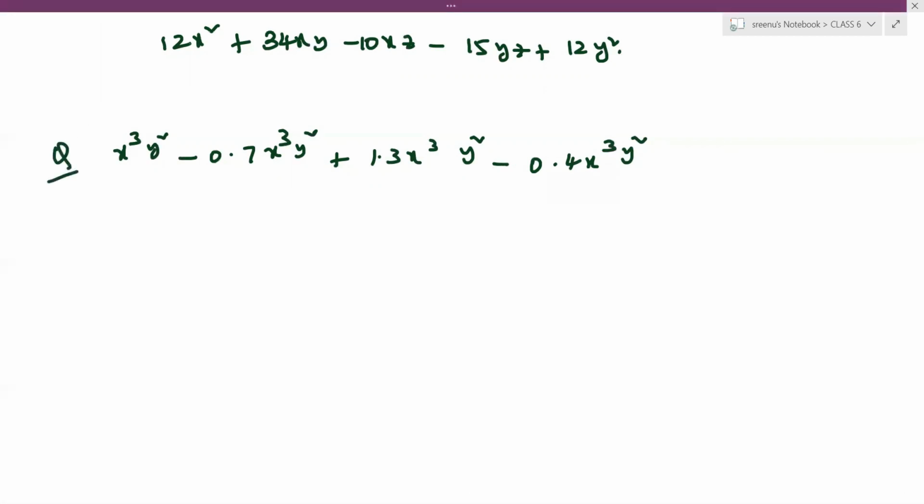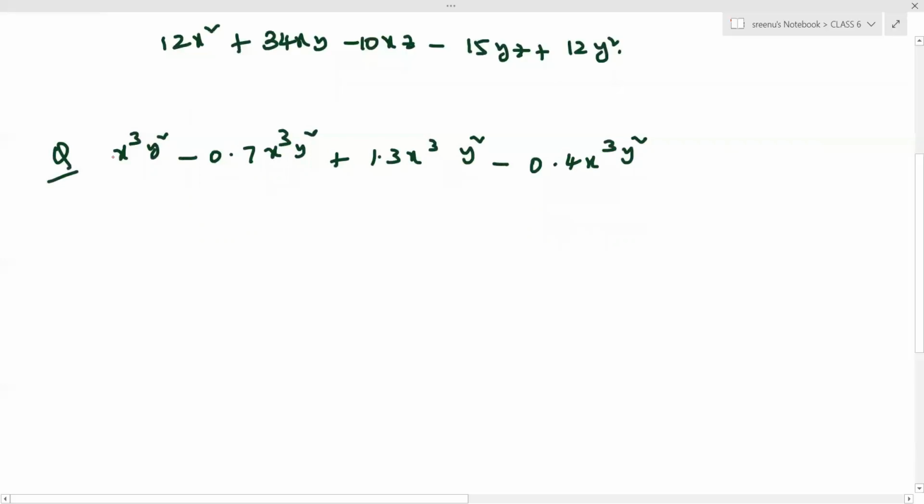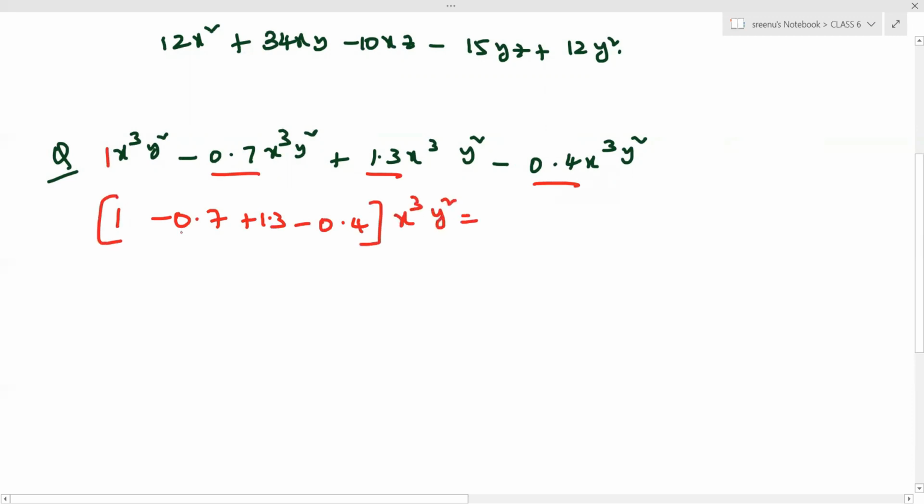Let's add this. So first the constants: here 1, here minus 0.7, here plus 1.3, minus 0.4. Let's take out x power 3, y power 2. In this, 1 and 1.3 are positive. Let's add them. We will get 2.3.